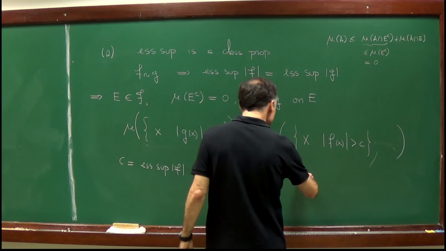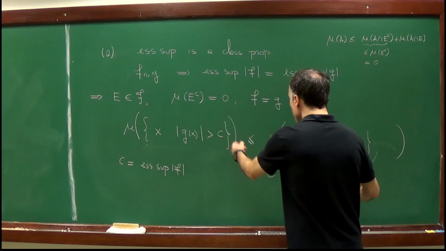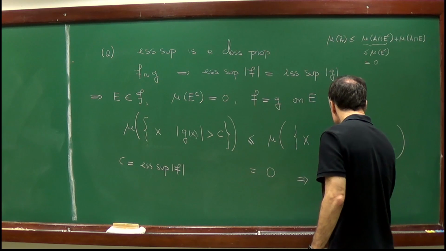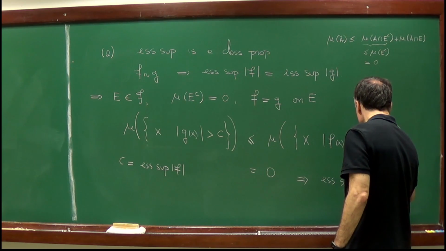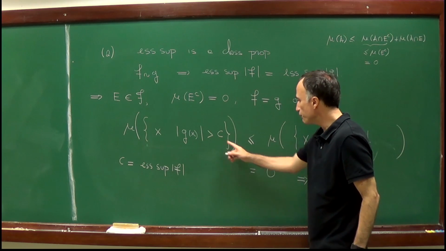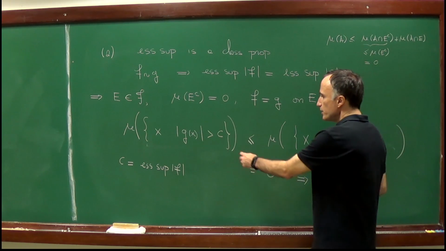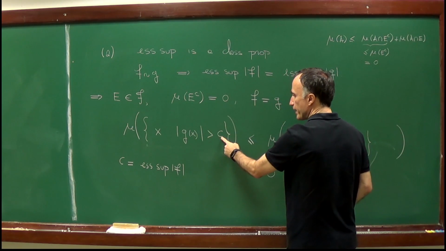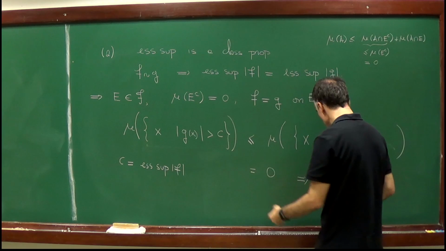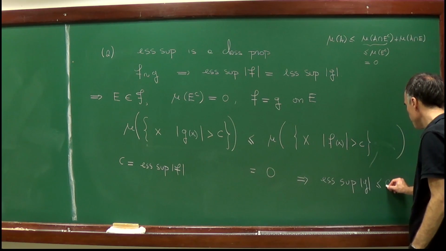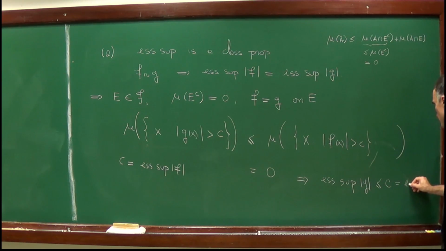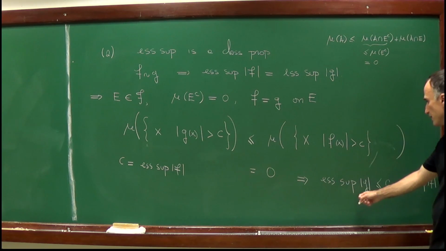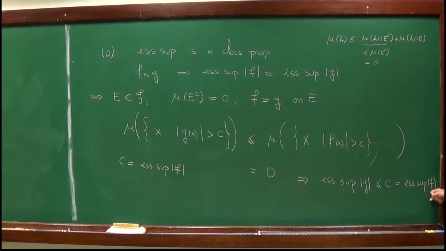So this implies the infimum is the essential sup of G. Since the measure of this set is equal to 0, the infimum over all A such that the measure of this set with A in place of C is equal to 0 should be smaller than C. But C is equal to the essential supremum of F. So this proves that the essential supremum of G is less than or equal to the essential supremum of F.